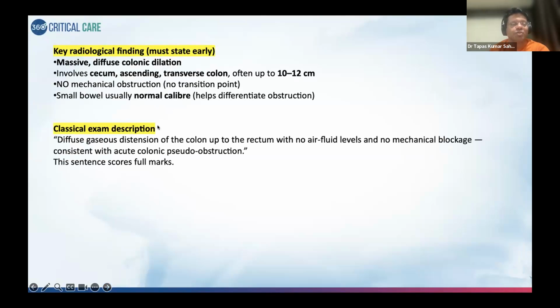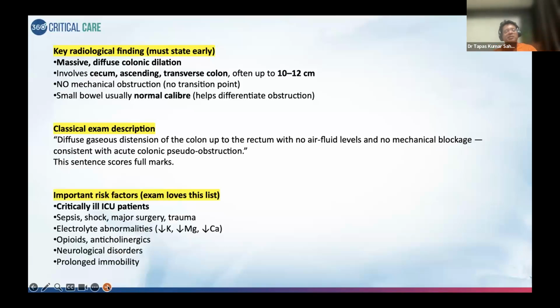Classical exam description: diffuse gaseous distension of the colon up to the rectum with no air fluid level and no mechanical blockage. So it is actually acute colonic pseudo obstruction. If somebody doesn't know Ogilvie syndrome, they can also answer acute colonic pseudo obstruction. This sentence scores full marks.